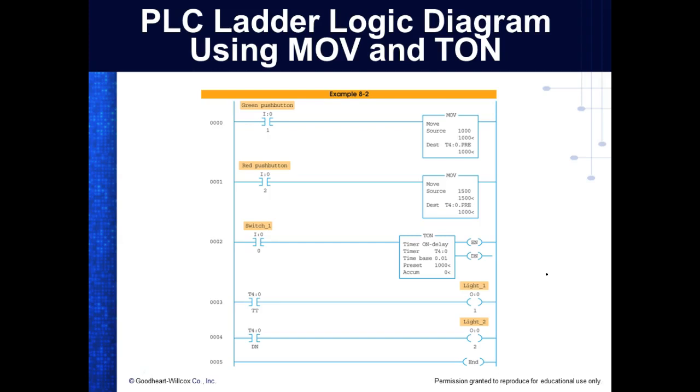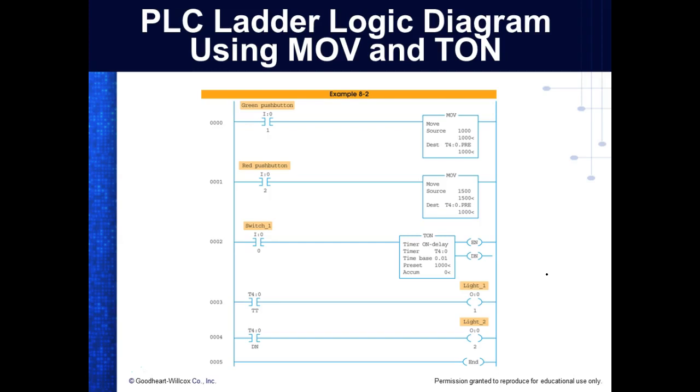This timer right here, that's timer 4. Timer 4.0, 4:0, preset register. Everybody understand that? Okay. Now the green button is going to load the preset with 1000, right? The red push button is going to load the preset with what? 1500.